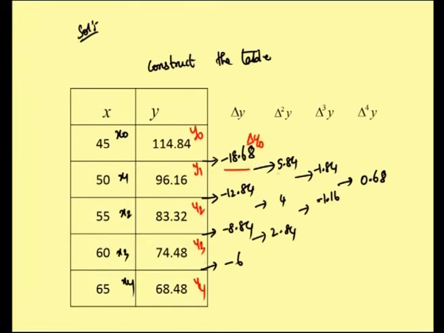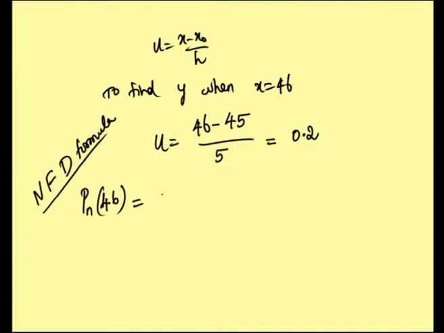The first value is del y naught, and this is del square y naught first value, this is del cube y naught, and this value is del power 4 y naught. So, we take the values as it is. I will just write down the calculation values.